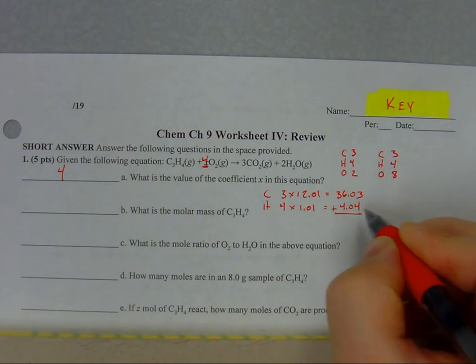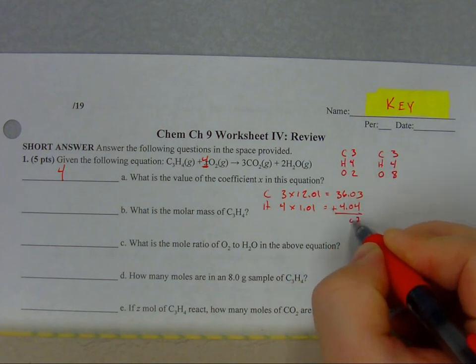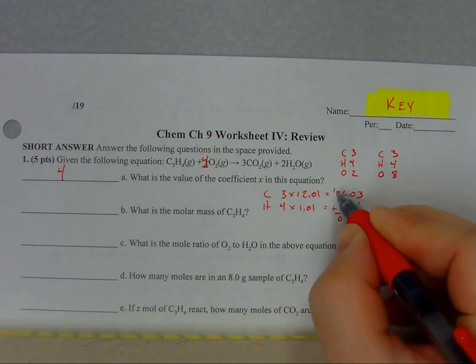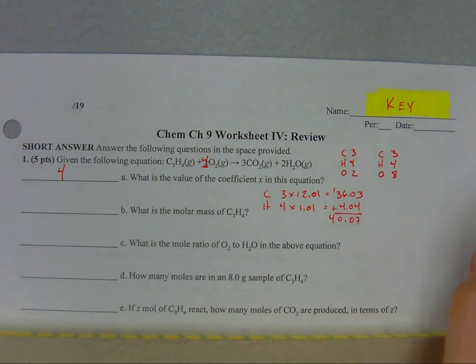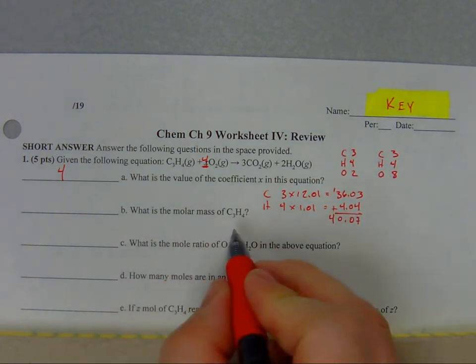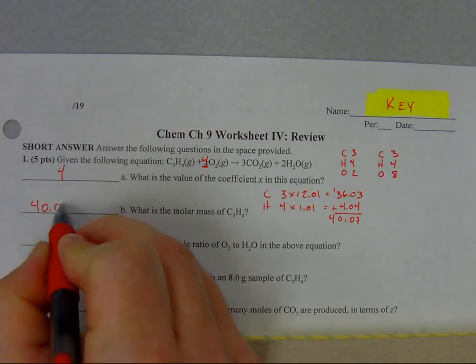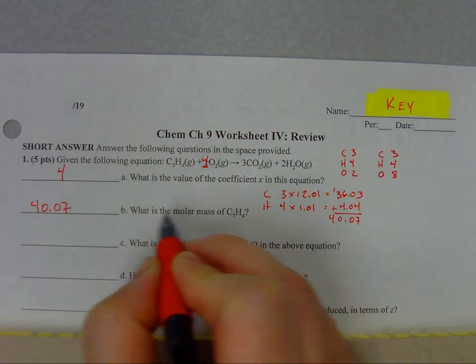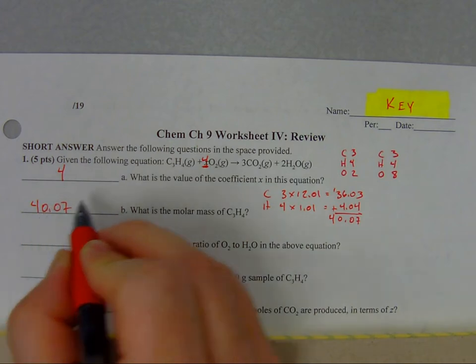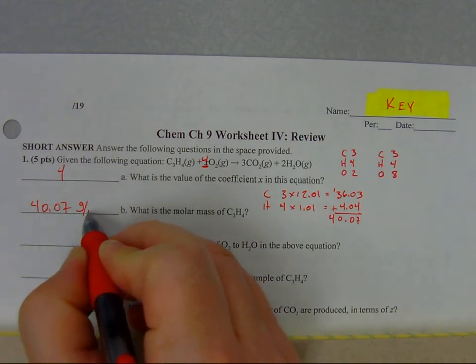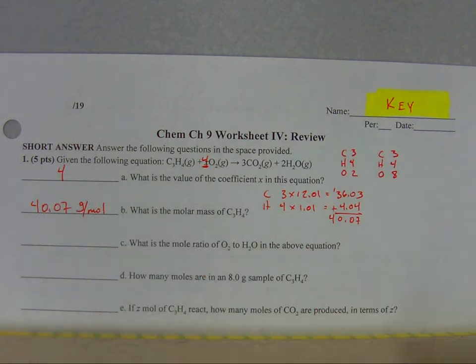Add them together. 7, 0, that's 10, carry the 1. End up with 40.07. So the molar mass of C3H4 is 40.07. Molar mass is a quantity, which means it has a magnitude and a unit. So make sure you include that grams per mole.